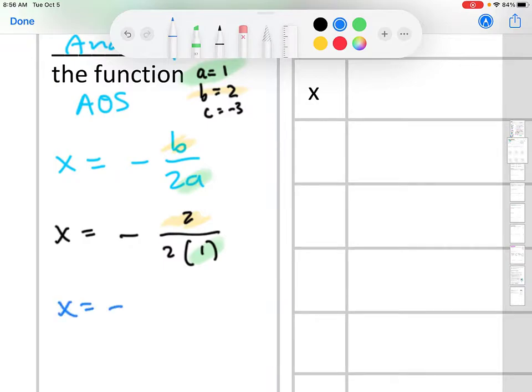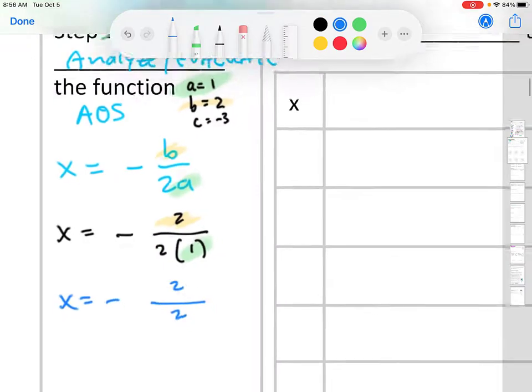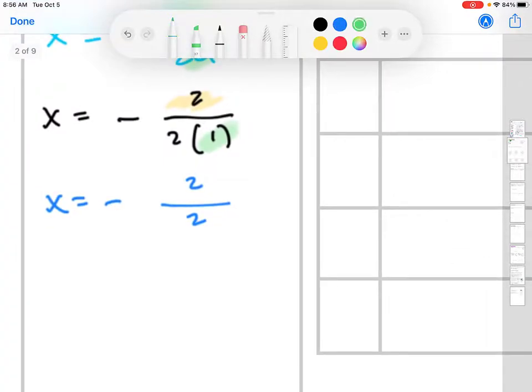And then we could just simplify this. X equals negative 2 over 2. And 2 divided by 2 is just 1. Or when you cancel them, you can kind of say this is like a big 1 right there. So the answer is negative 1. Let's box our answers. The axis of symmetry is negative 1.